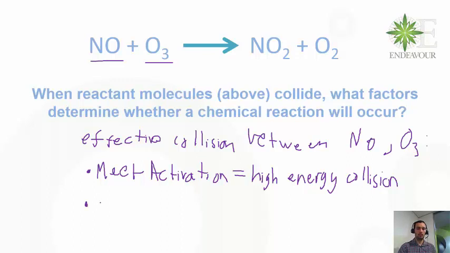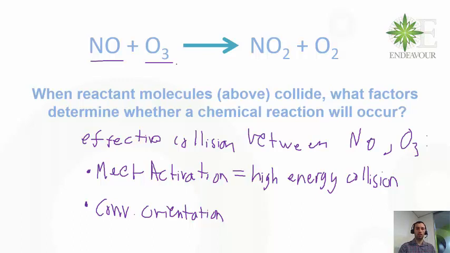The other thing is it has to be a convenient orientation between the two reactants. So in this question you don't necessarily have to say which is the convenient orientation, but you do have to have the right orientation.